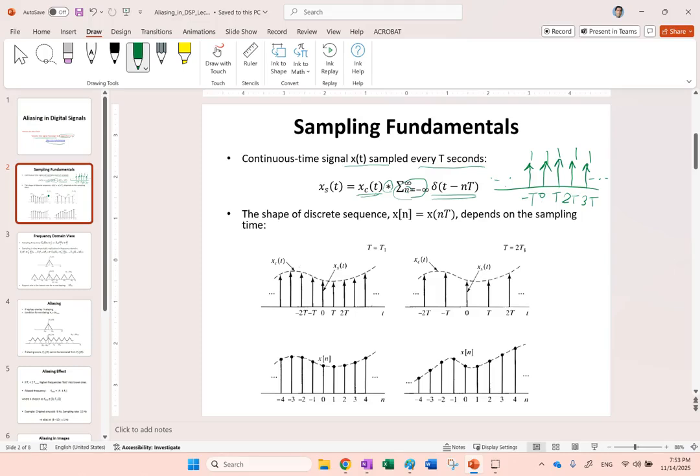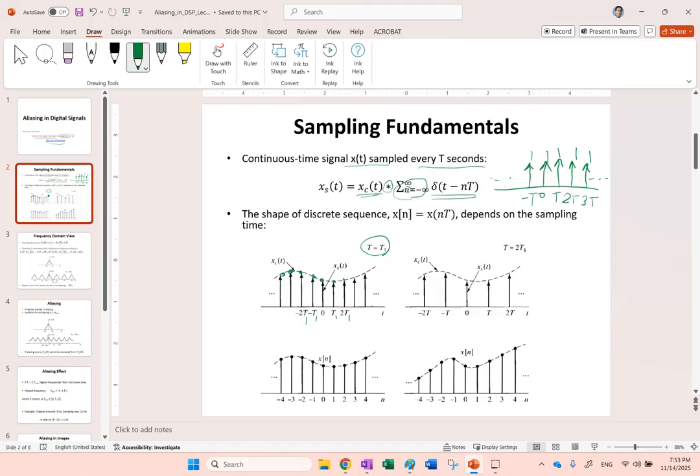So here, look, this dashed line is the continuous signal, this curve. And now I'm going to sample it with a sample time of T1. So at 0, T1, 2T1, negative T1, negative 2T1, and so on, I'm going to get the value of the signal, which are all of these points.